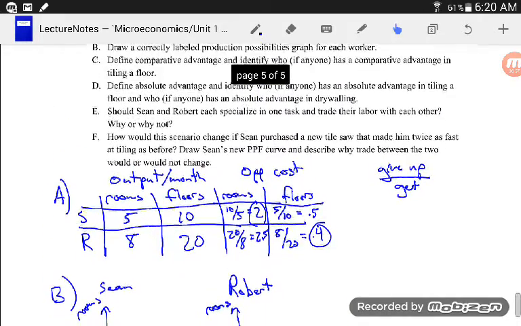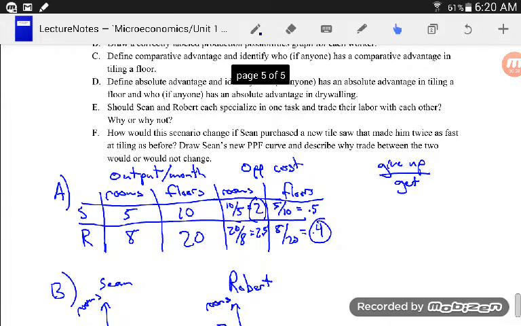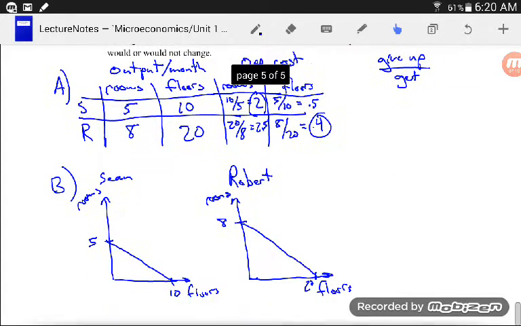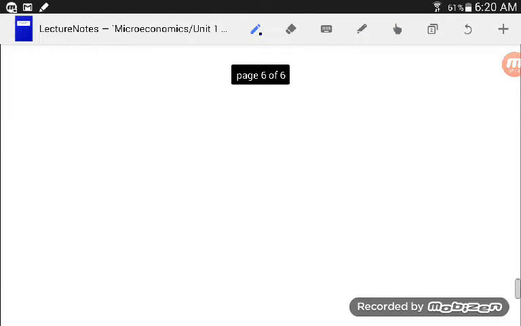So part C, define comparative advantage and identify who, if any, has a comparative advantage. And actually I already did that. In tiling a floor, Robert has a lower opportunity cost. So I actually need another page here. So we go to C, lower opportunity cost.